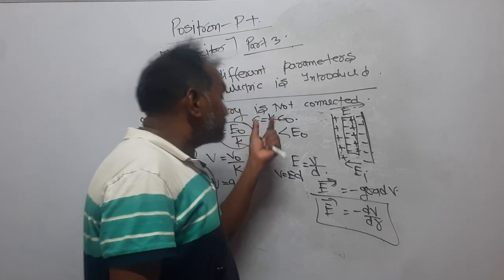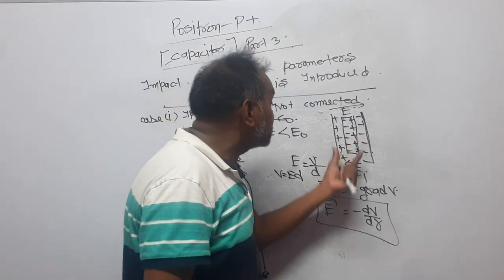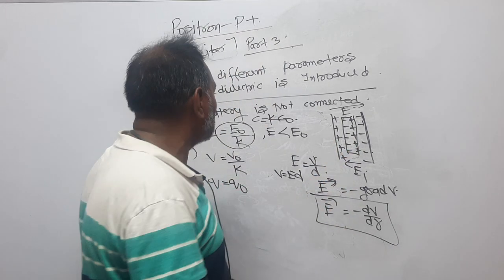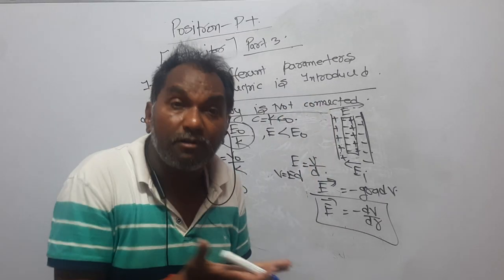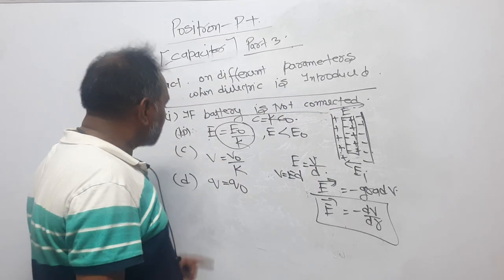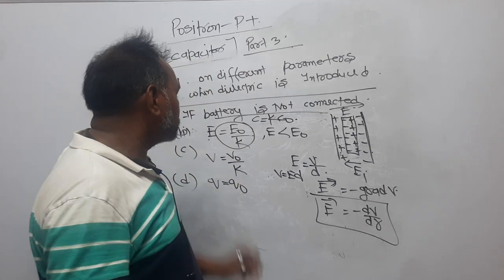And yet capacity has increased. If charge were given, the charge would increase on the capacitor, but the problem is that the battery is not connected, so from where will you get the charge? That is why the charge will remain the same, right? Q is equal to Q naught.